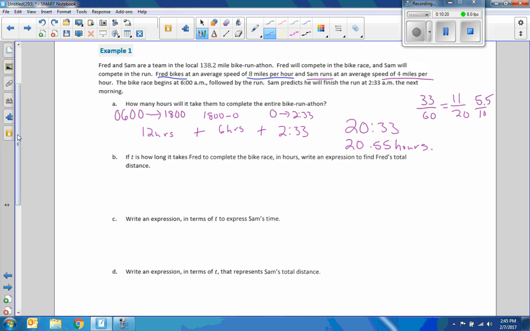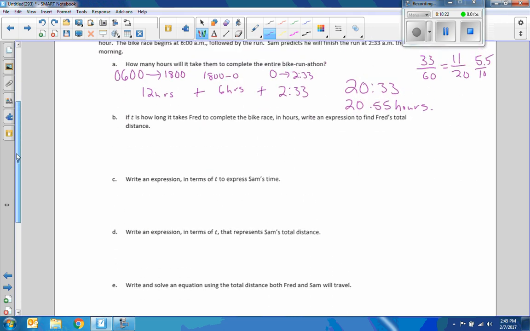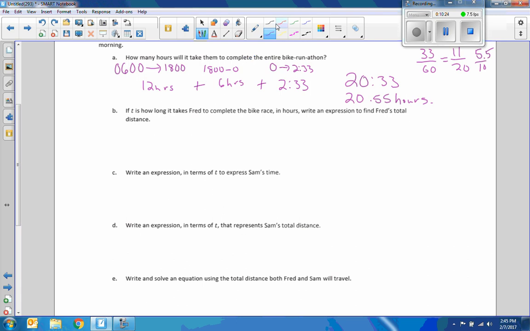Okay, B. If T is how long it takes Fred to complete the bike race in hours, write an expression to find Fred's total distance. So we're going to use the distance formula, which is D equals rate times time.